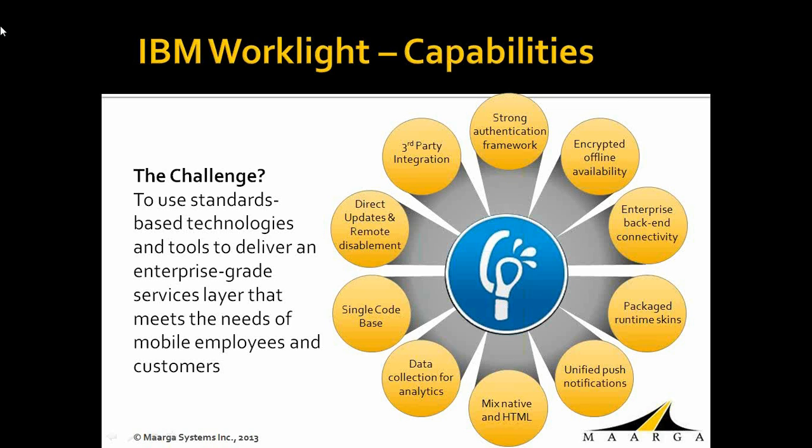So different types of users can be assigned a different security handler, and also separate levels of authentication based on the function of the application, so that we can prevent sensitive information from being accessed from the mobile. So these are the major capabilities of WorkLight.